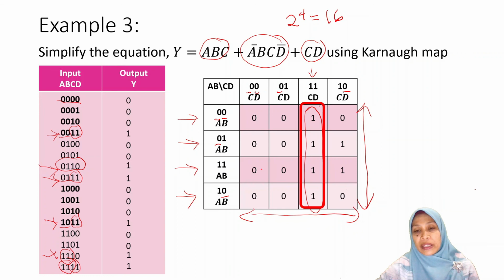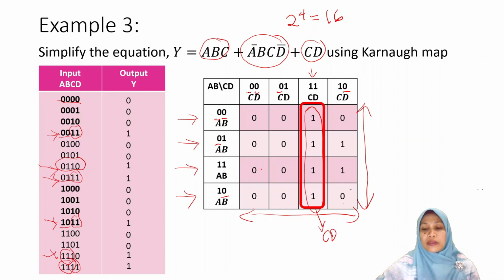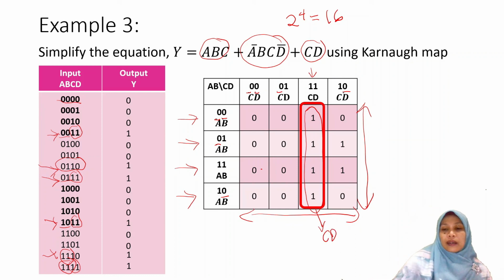The variables involved in this column are C and D, and all the 1s in that column have the same value, C and D. So the equation for this group is CD. Okay.